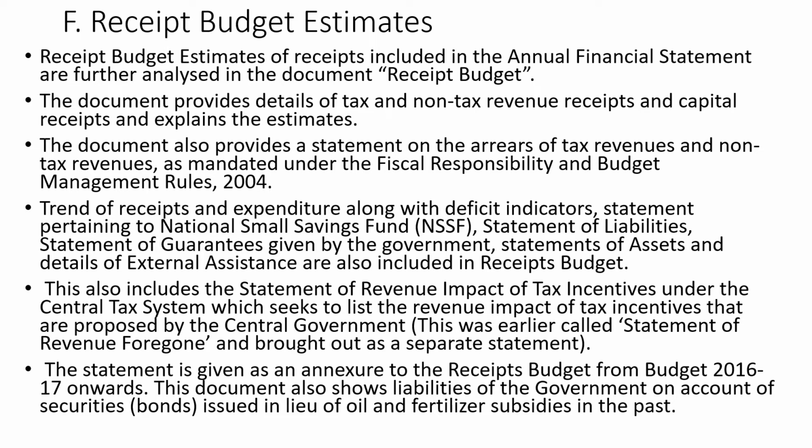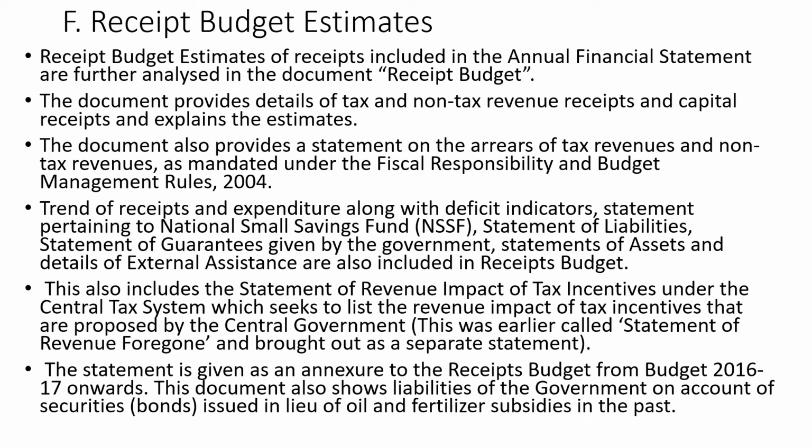This is something which is given in the Fiscal Responsibility and Budget Management Act, which came into being in 2003, with some amendments made in 2004. The trend of receipts and expenditure, along with the difference between receipts and expenditure, like deficit indicators, and statements pertaining to the National Small Savings Fund, etc., are also made here.